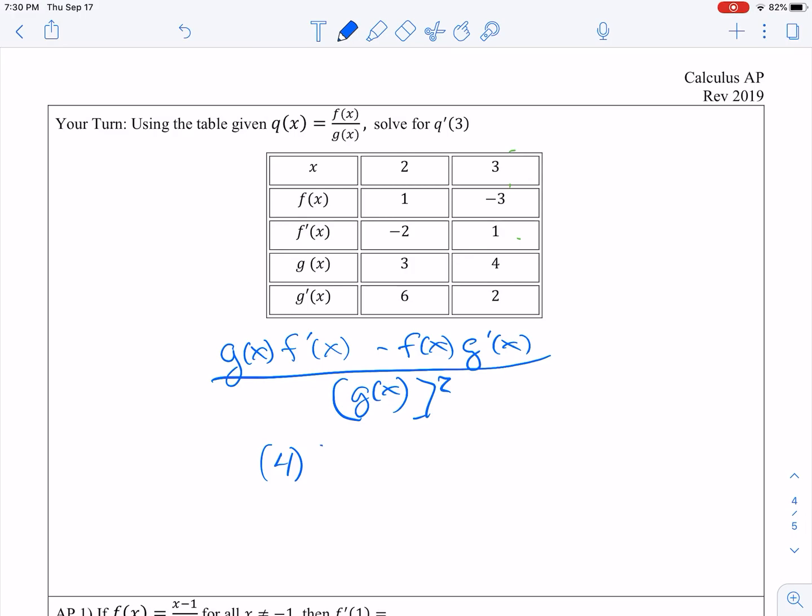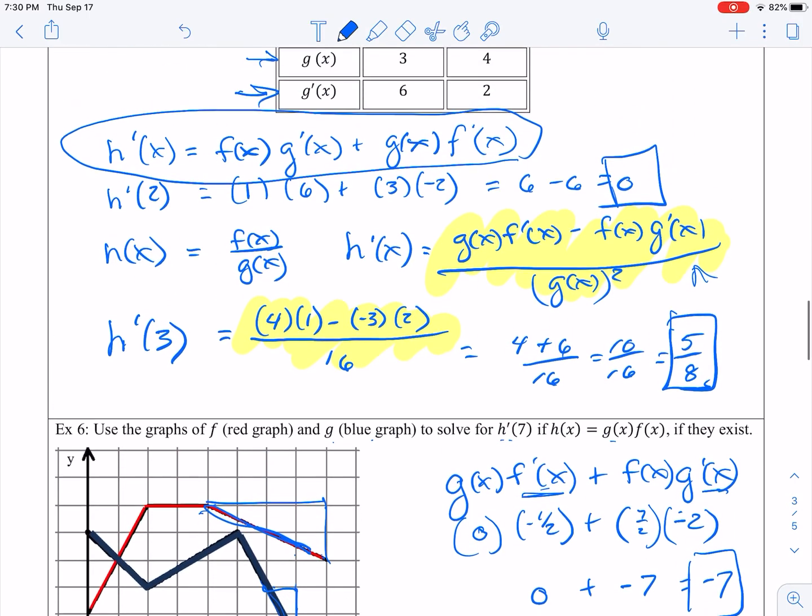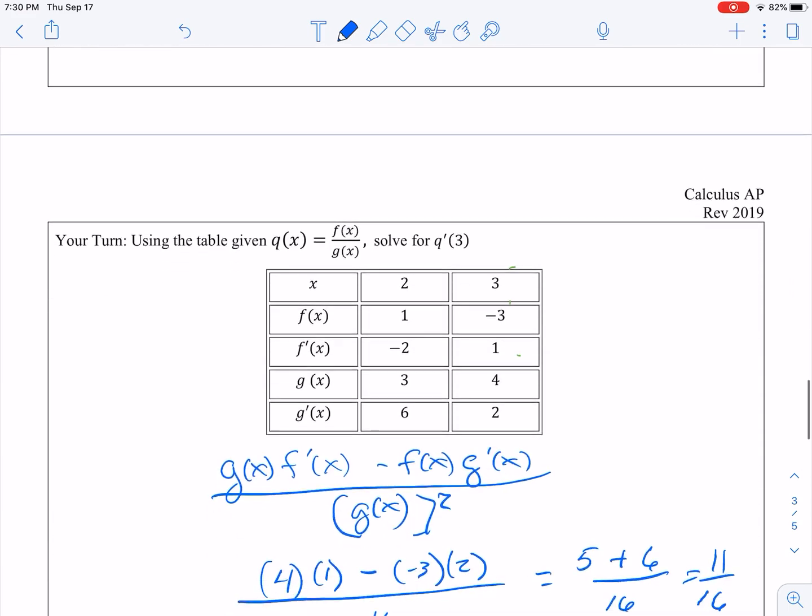F prime is 1. F of 3 is negative 3. G prime is 2. G is 4, so that's 16. Didn't we just do this one? 5 plus 6 over 16 gives me 11 over 16. Is the chart different? There you go. It's okay.